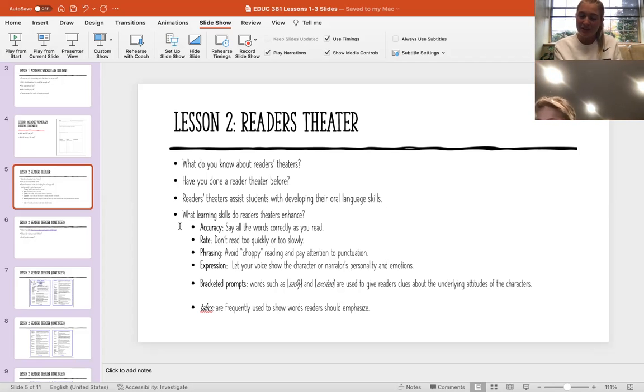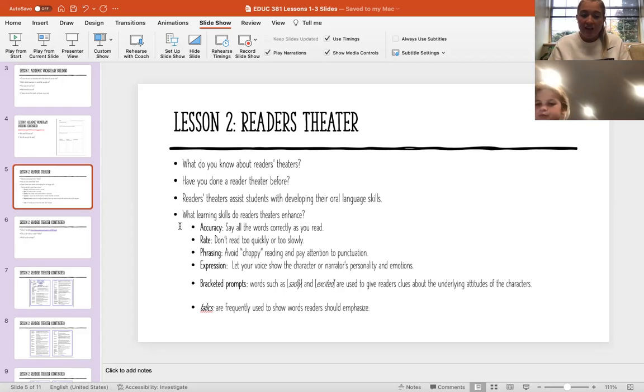And then another skill that readers theaters have is bracketed prompts. You don't read these prompts. They just show you as the reader how to act as you read. Such as the words sadly and excited, you don't say those words as you read, but that's how you perform, like your body language or the way you say things.